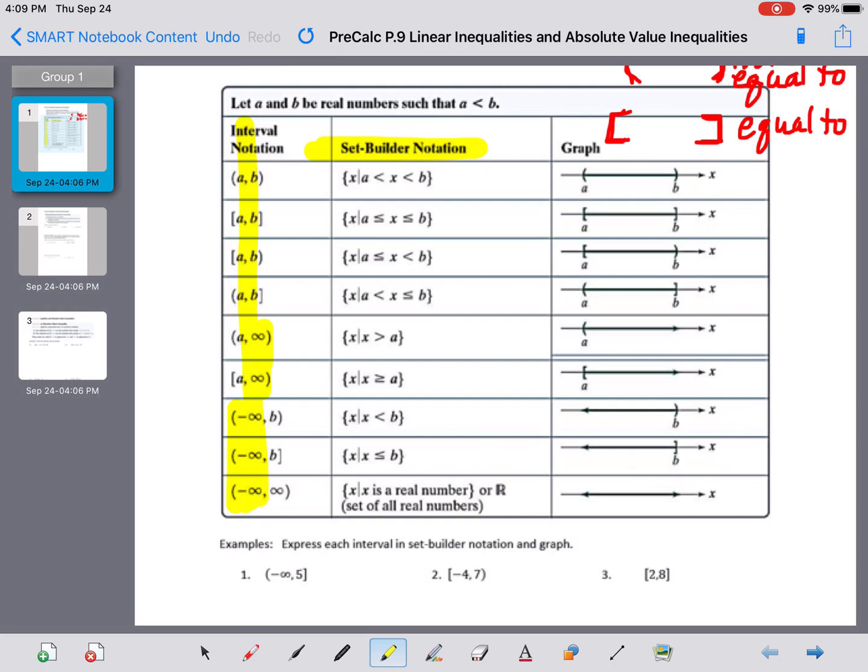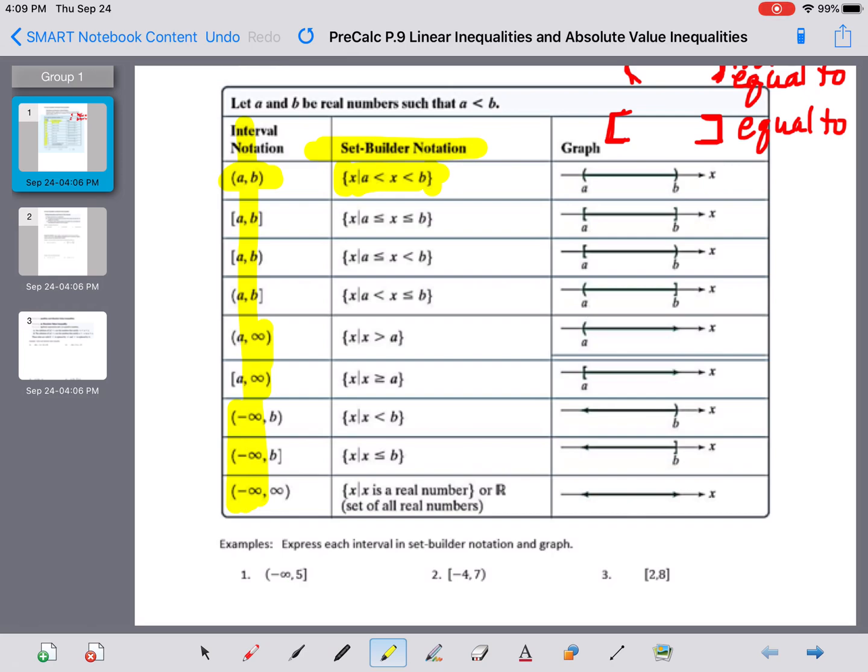This is using the set, those funny brackets. When you read it, it says any value of x where x is greater than a and less than b, so in between those two values. Notice there's no equal signs. Since there's no equal signs, when you graph them, you have parentheses.